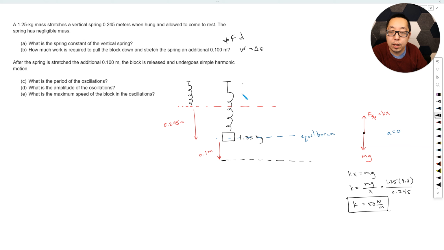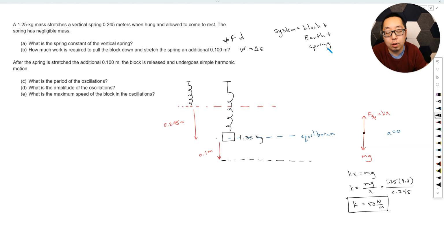And remember, what we always choose is the system to equal the block plus the earth, because there's a change in height, plus the spring, when we're doing work and energy.